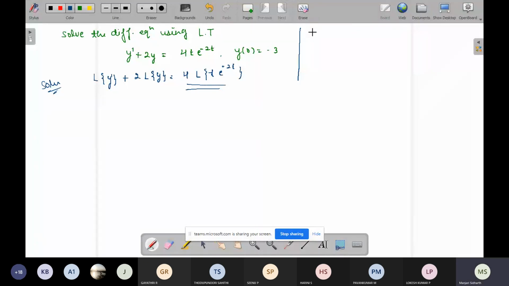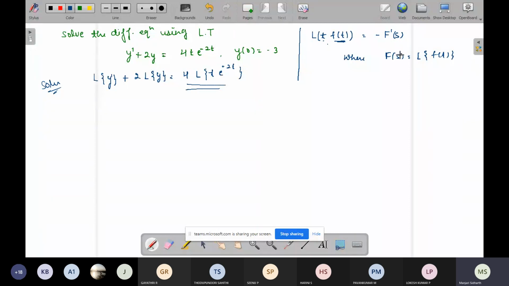If you remember, I have written many formulas. Laplace transform of t f(t) is equal to minus F dash s, where F(s) is nothing but Laplace transformation of f(t). So if f(t) is multiplied by t, then minus F dash s.